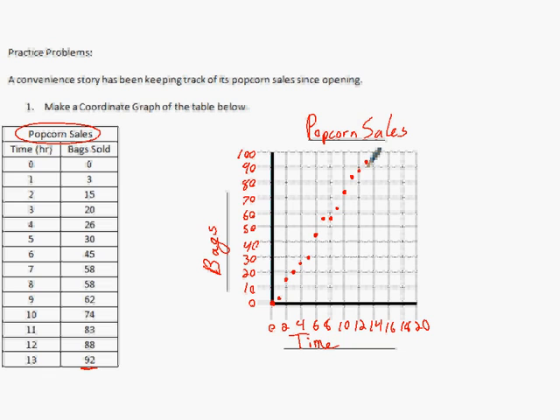All my coordinate pairs are on the graph. Now I'm going to connect them with some lines.